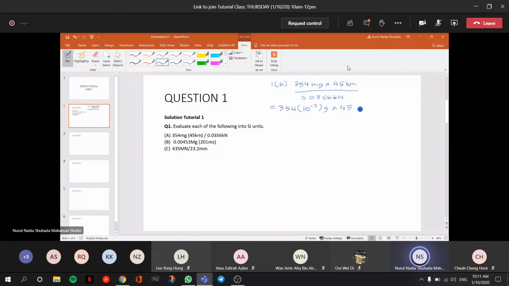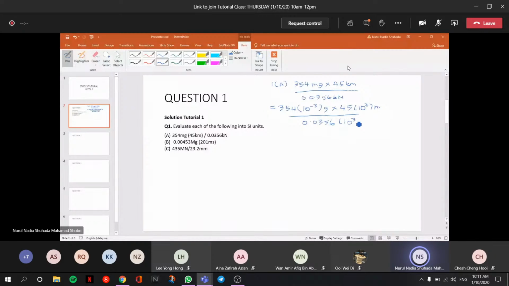And kilometer, so kilo means 10 to the power 3. So you guys change k to 10 to the power 3 and divided by 0.0356. For kilonewton, you guys change to 10 to the power of 3.